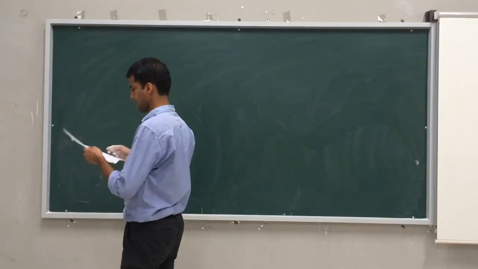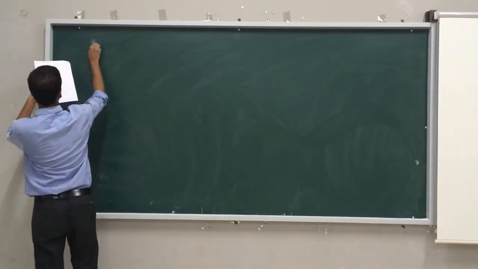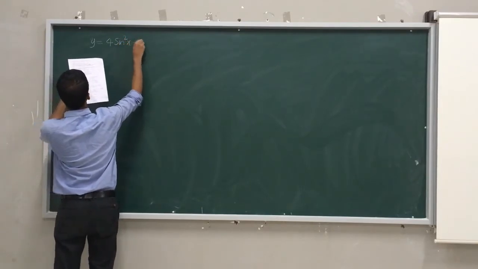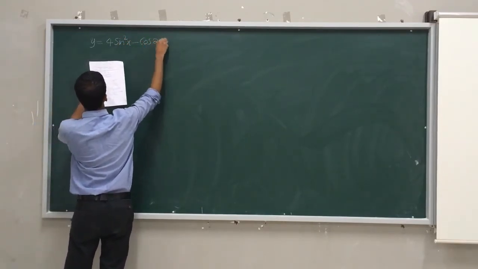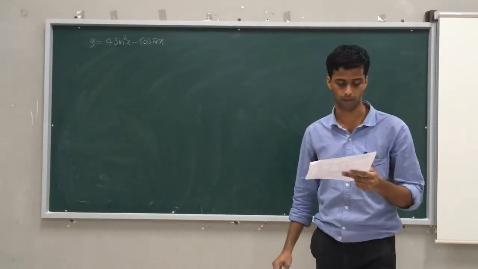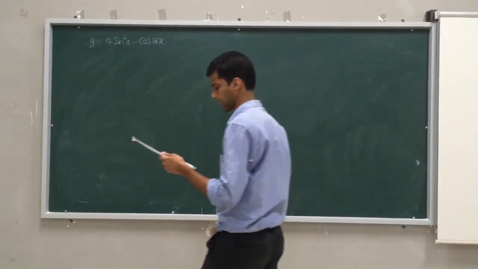What is given here? I will write this as 4 sin square x minus cos 2x. The values of 4 sin square x minus cos 2x lie in which of the following intervals? That is what they expect from us.